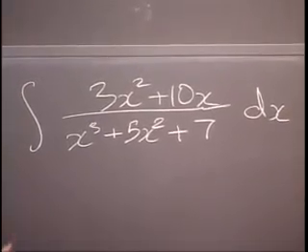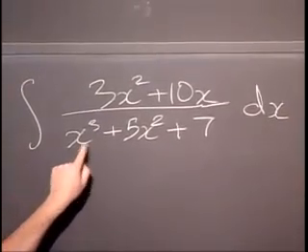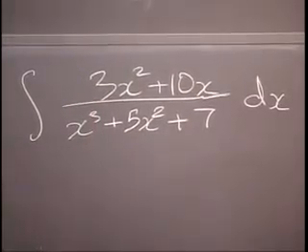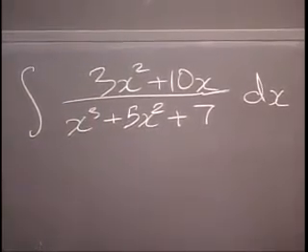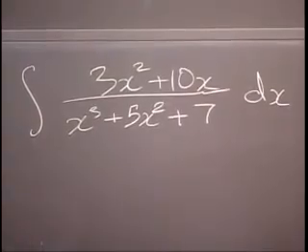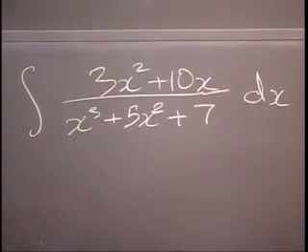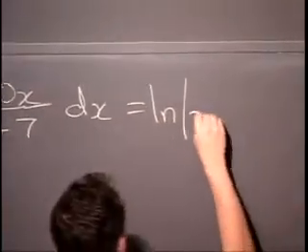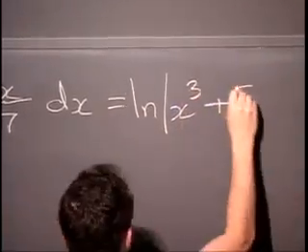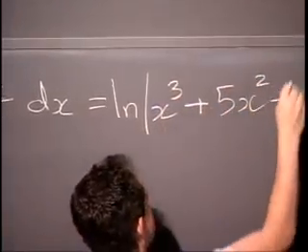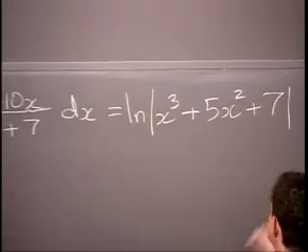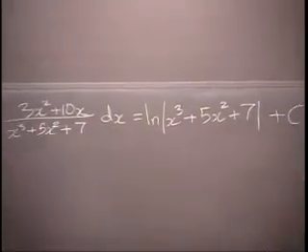But if you notice that the derivative, 3x squared plus 10x, is exactly what's on the top, you might remember from last time, we said, if the derivative of the bottom is on the top, it's just the log of the absolute value of the bottom. You can just write down the answer. Or you can use a substitution. Let t be x cubed plus 5x squared plus 7, and you'll find it works out, plus c.